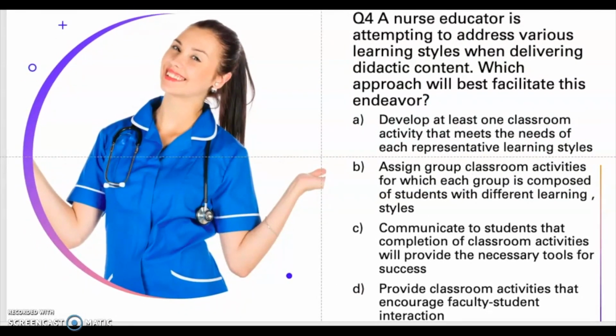B. Assign group classroom activities for which each group is composed of students with different learning styles. C. Communicate to students that completion of the classroom activity will provide necessary tools for success. D. Provide classroom activities that encourage faculty-student interaction.